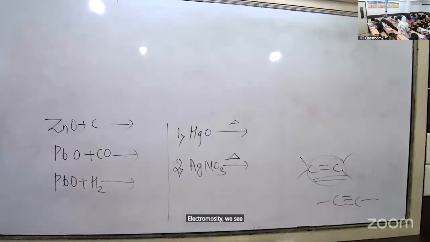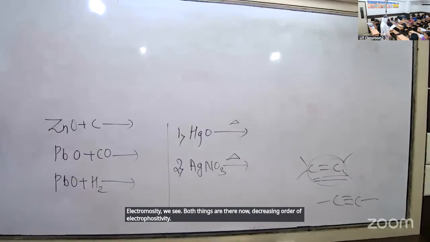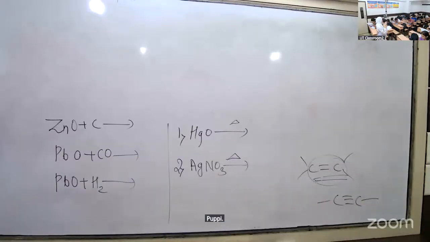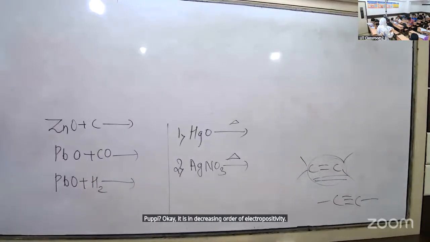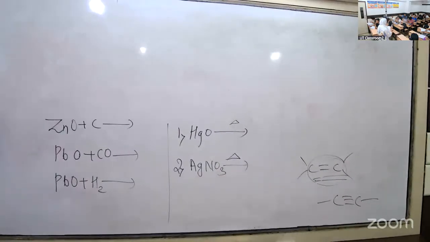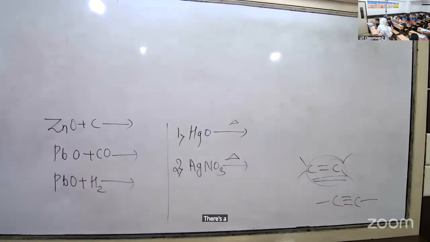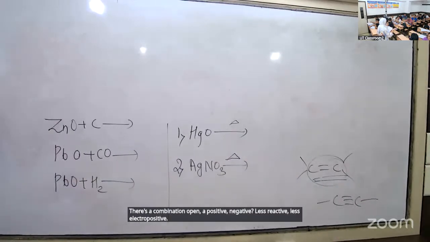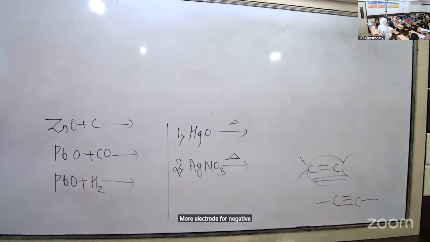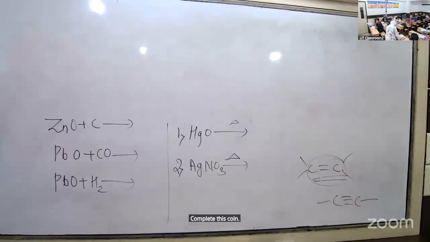Both things are there, decreasing order of electropositivity. अभी यहाँ पे बोला है कि it is in decreasing order of electropositivity. तो increasing order किसका रहेगा? Electronegativity का, and the combination will be in that sequence only. Positive with negative: less reactive, less electropositive, more electronegative, that type of combination.